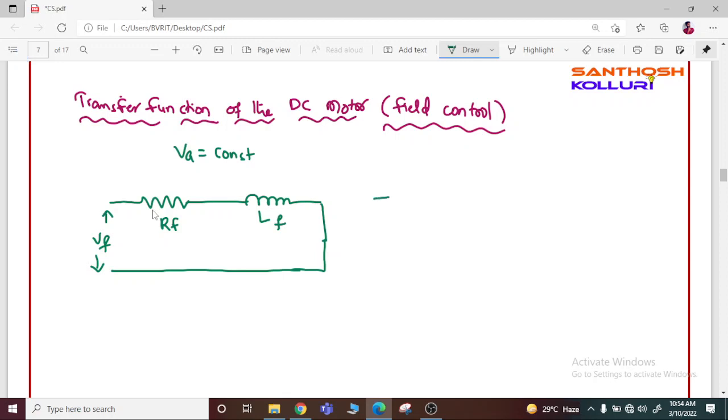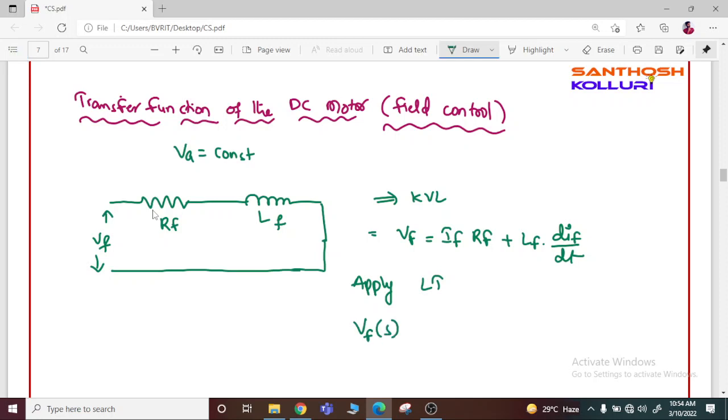So applying KVL in this loop, we will get the equation as Vf is equal to If into Rf plus Lf into dIf by dt. So apply Laplace transform on this.